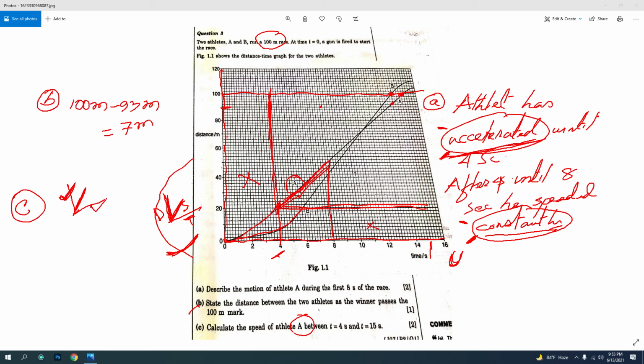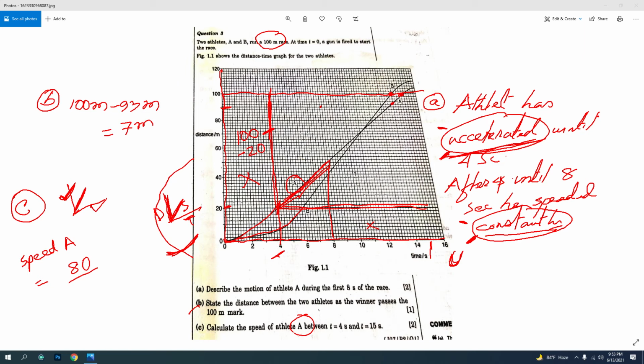What is the value in this line? In this line, the value is 100 meter and this is 20, right? Minus 20. So for getting the speed of A, this is 120, so upside that is 80.